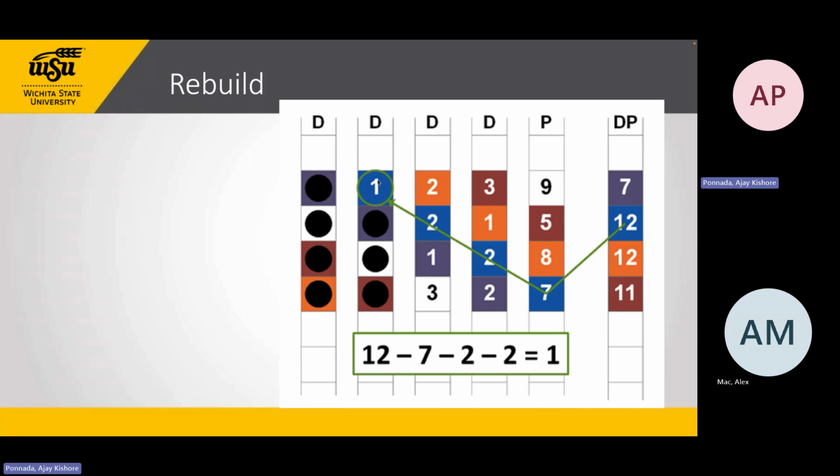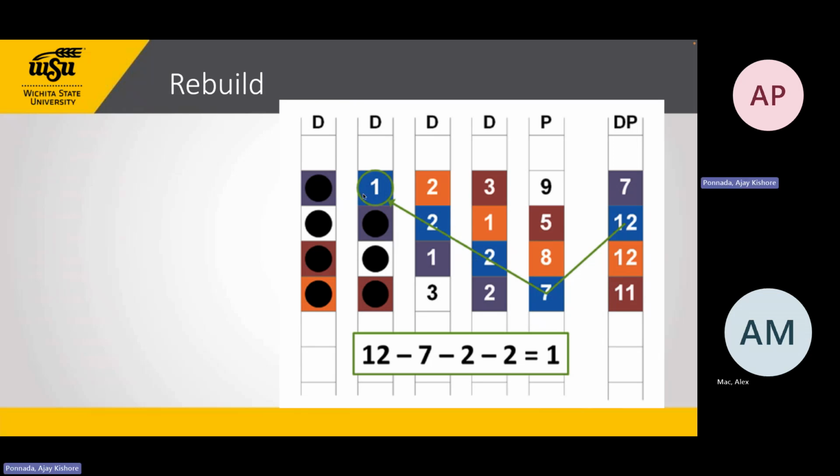We just lost this element right there, and we have every other element for this diagonal parity, right? So we'll just XOR these three, and we'll get this one.